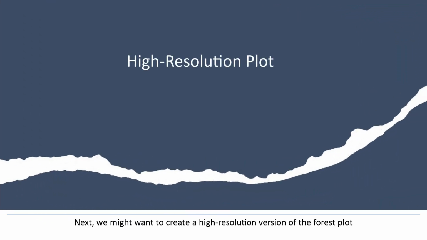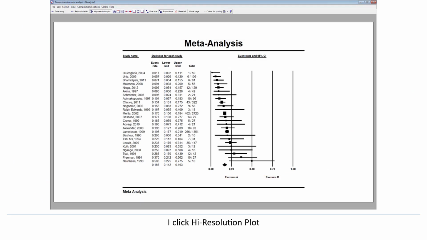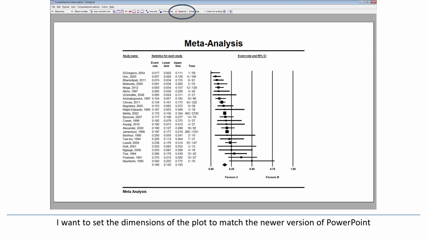Next, we might want to create a high-resolution version of the forest plot. I click High Resolution Plot. I click Reset All. I want to set the dimensions of the plot to match the newer version of PowerPoint. If I'm using version 4, that will be the default.